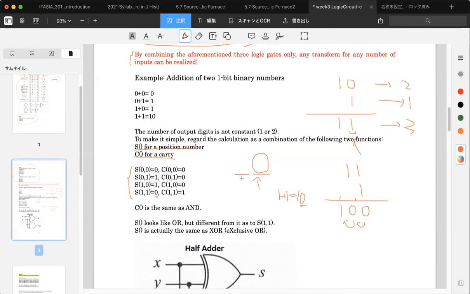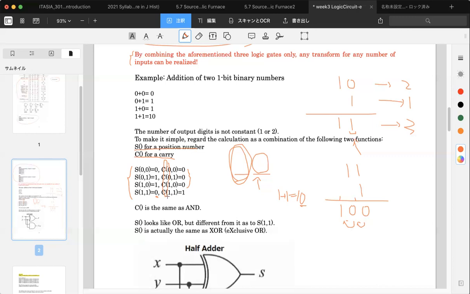But for carry numbers, meaning the number here, we need to use the C function, which is C00 is 0, C01 is 0, C10 is 0, because in these cases they are just one digit, and we don't need to add another digit because we haven't reached the number 2 when doing summation.